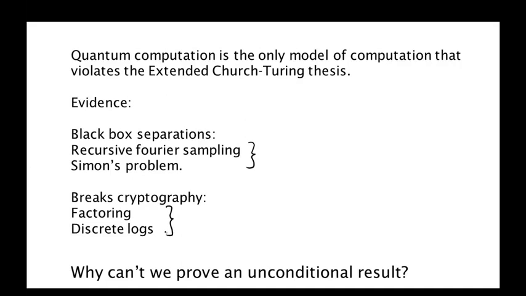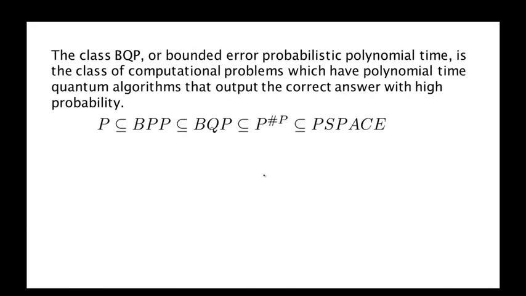Now you could ask, why are we messing around with this kind of evidence? Why don't we just flat out prove that quantum computers violate this extended Church-Turing thesis? Well, the answer has to do with this.